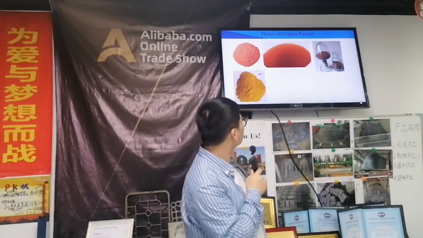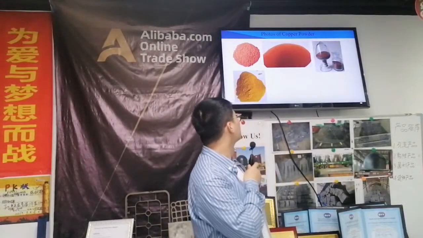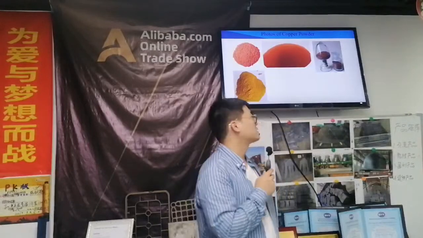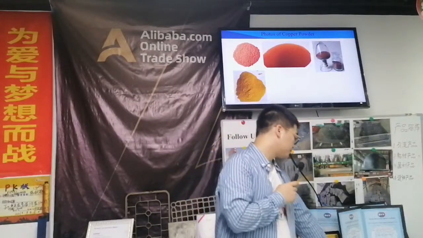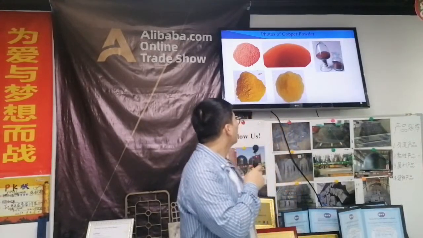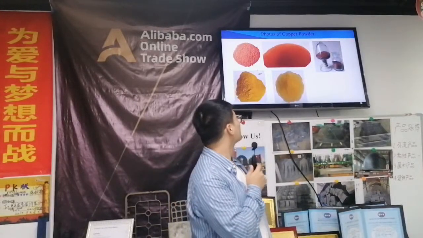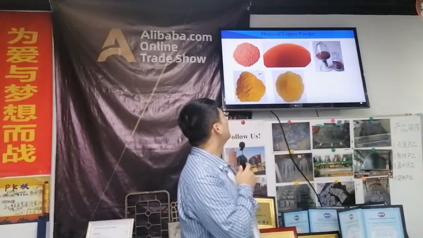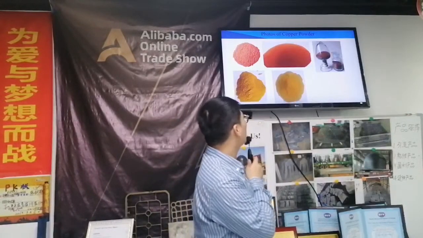Copper anode powders. Because we add other elements to this powder, it usually looks yellow. Due to the different mesh of the powder, the powder will look different to our eyes.